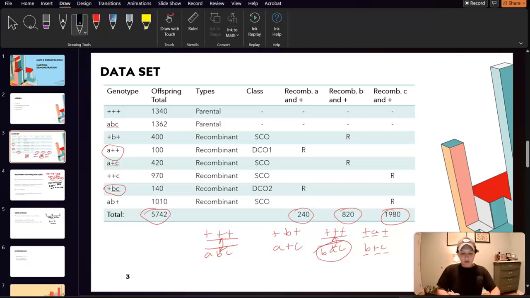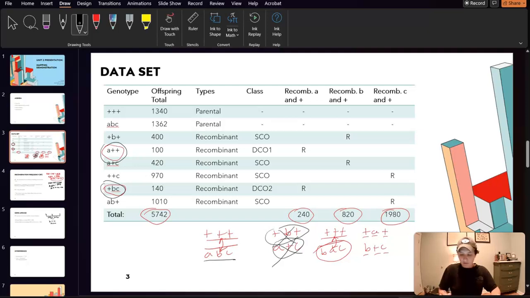So what we can do is set up different scenarios and see if they work with the double crossovers that we've seen. So if we set it up as given with ABC and plus, what we get is +B+ and A+C. Now, neither of these match our double crossovers, right? We have +BC and A++.